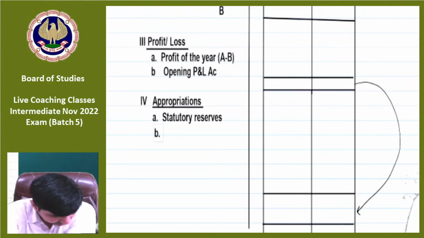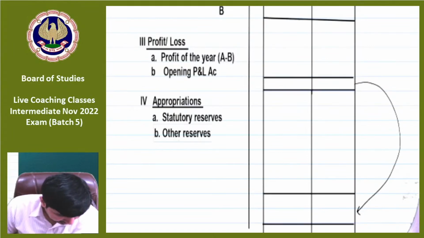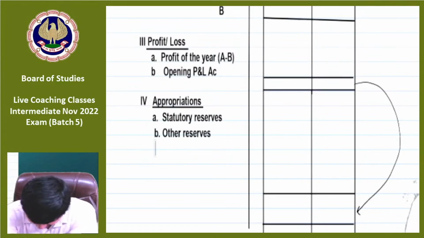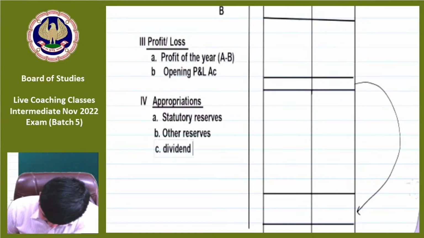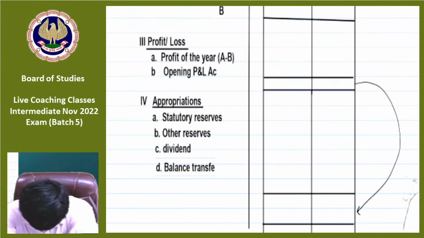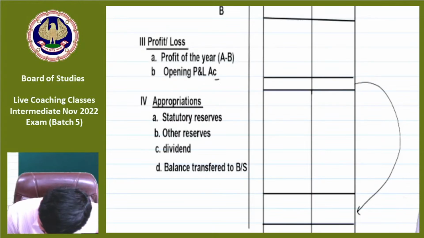Then B part is there, other reserve. C part, if question says for this, C part is for dividend part. As per the question, it is nil. Rest of the part is there for D. Balance transferred to balance sheet. Okay, beta. This total will be same.